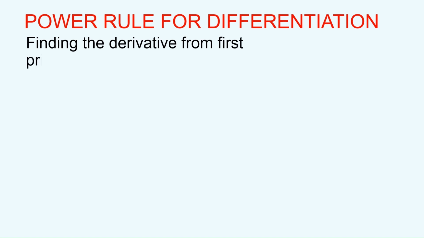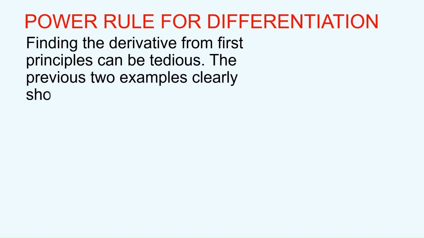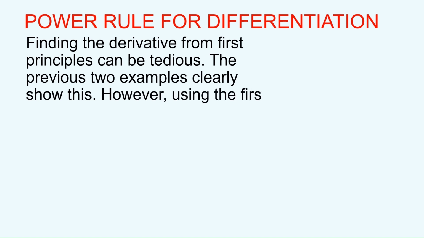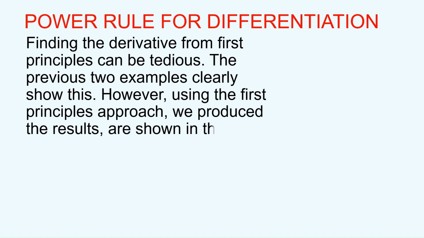Power rule for differentiation. Finding the derivative from first principles can be tedious. The previous two examples clearly show this. However, using the first principles approach, we produced some results which are shown in the table.